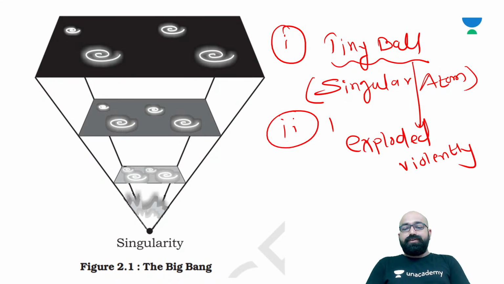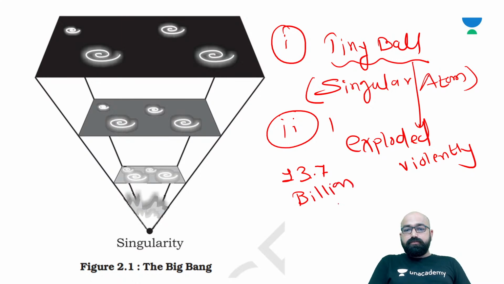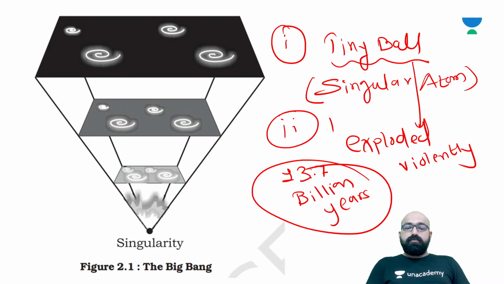It is now generally accepted that the event of the Big Bang took place 13.7 billion years before the present.